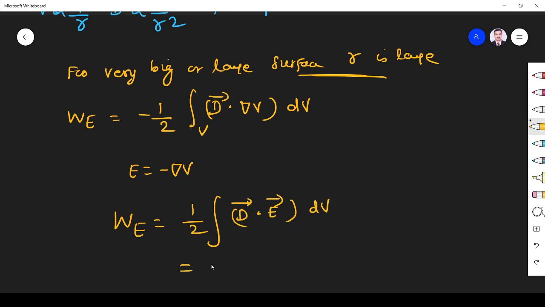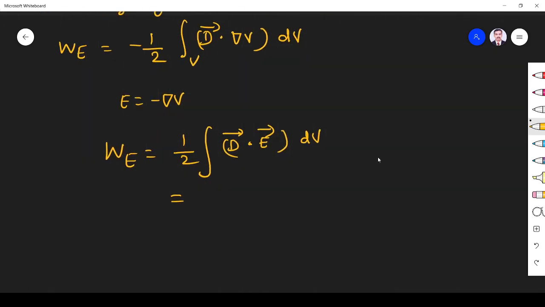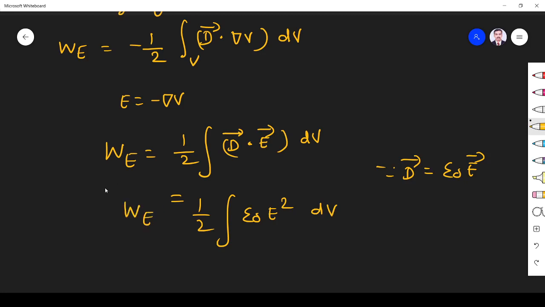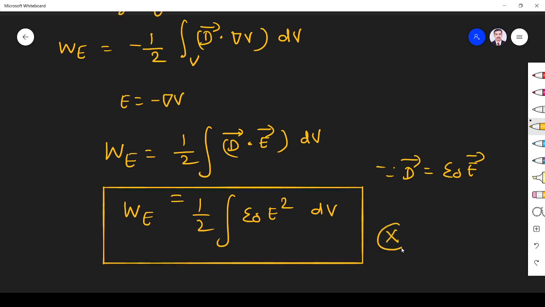We know D is equal to epsilon naught E. Substitute that, it will become 1 by 2 ∫ epsilon naught E·E, that is E squared, dV, right? Because the D vector is equal to epsilon naught E, the dot product E·E is E squared. So this is the work done.